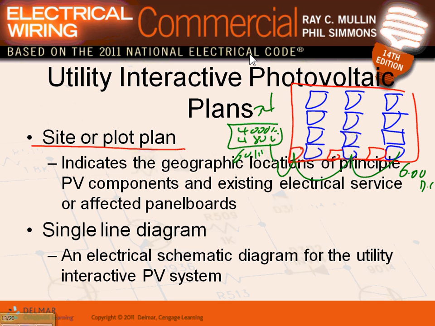I inverted them back into 480, tied them all together, and brought them all the way to my system. These are major systems, guys. Each one of these is array 1, array 2, and array 3. Each has its own inverter. Invert the power, tie them together, and dump them all the way. Usually you grab each inverter output and tie them to your grid. You don't have to have 3. You could have 1 or more than 1.